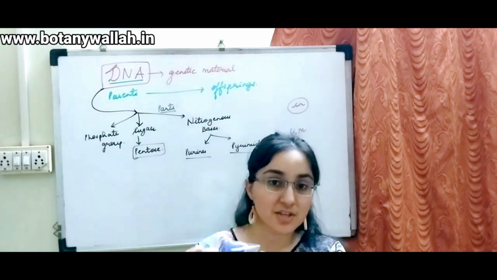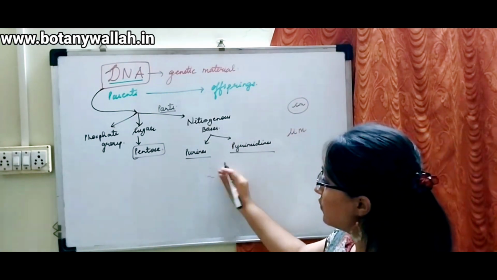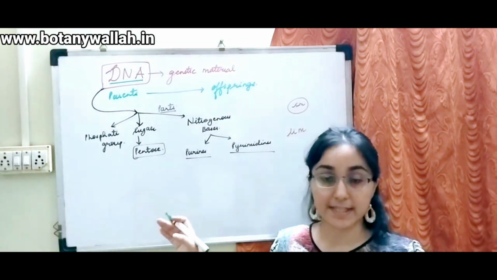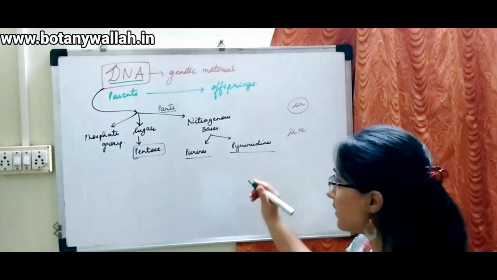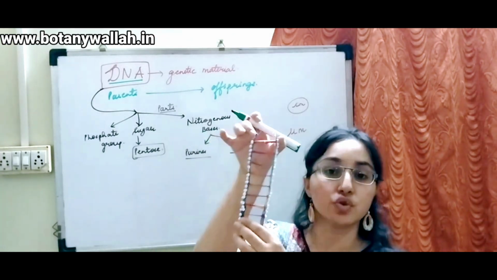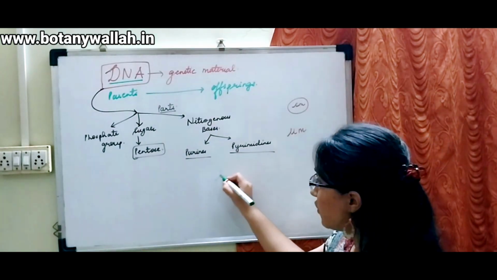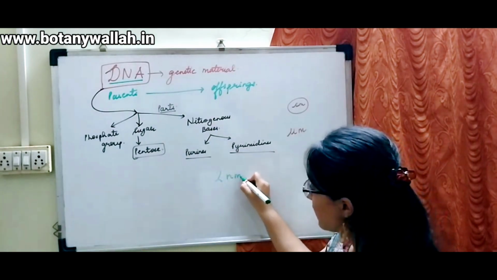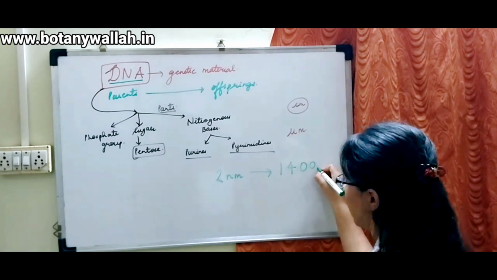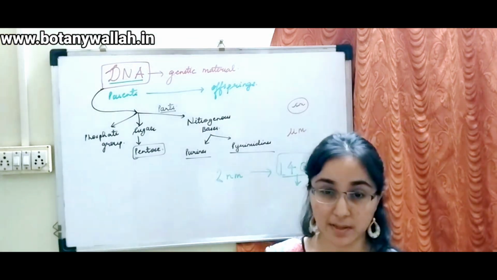So the condensation goes to this small. The whole length of the DNA is in centimeters, but the diameter is 2 nanometer, this much. So the condensation goes from 2 nanometer to 1400 nanometer, and this 1400 nanometer something looks like this.